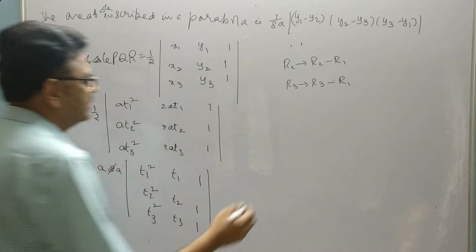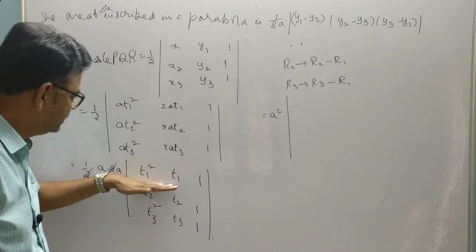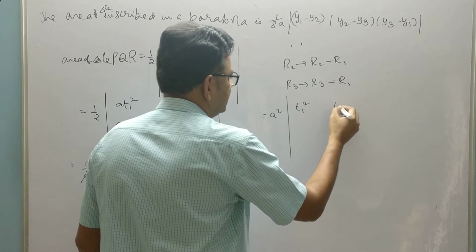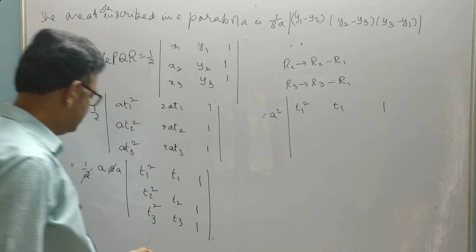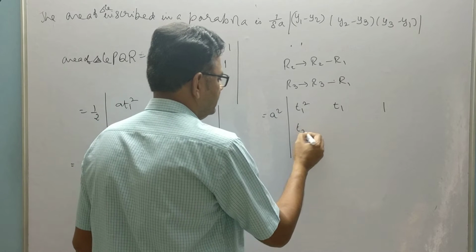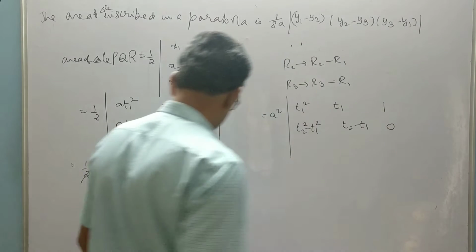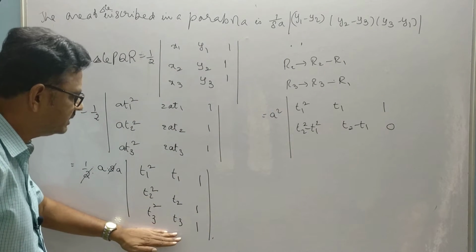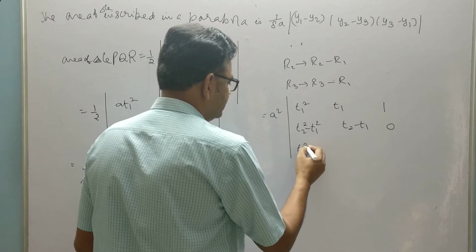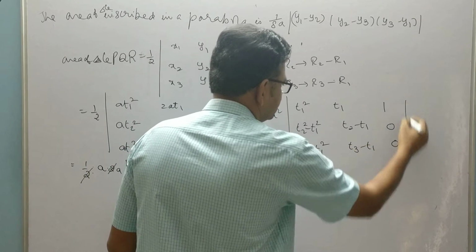So this is a square into a square. First row is fixed: t1 square, t1, 1. The second row changes, R2 minus R1: t2 square minus t1 square, t2 minus t1, and 1 minus 1 is 0. R3 changes to R3 minus R1: t3 square minus t1 square, t3 minus t1, and 0.